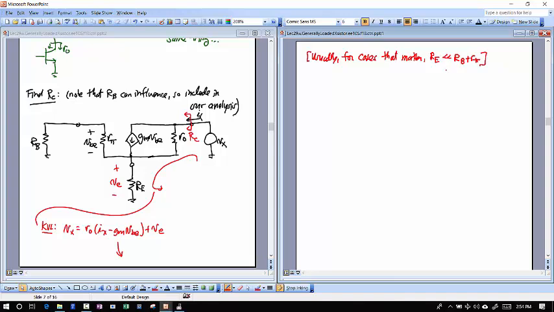Therefore, most of Ix flows through RE, which means I can write that this VE voltage is about equal to Ix times RE.